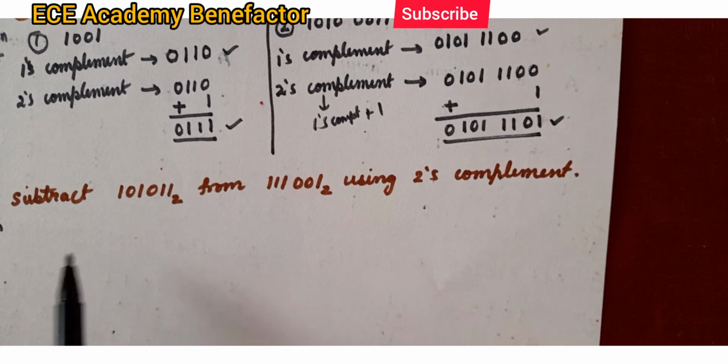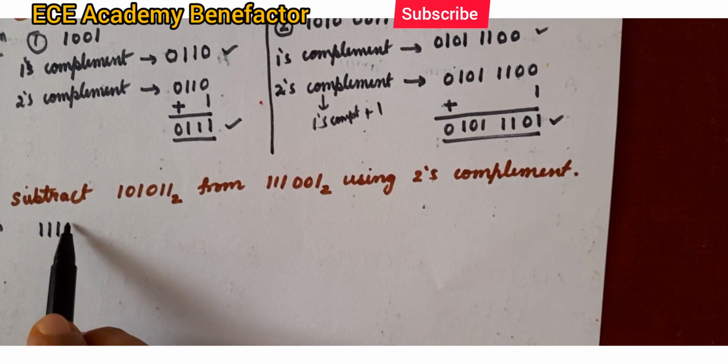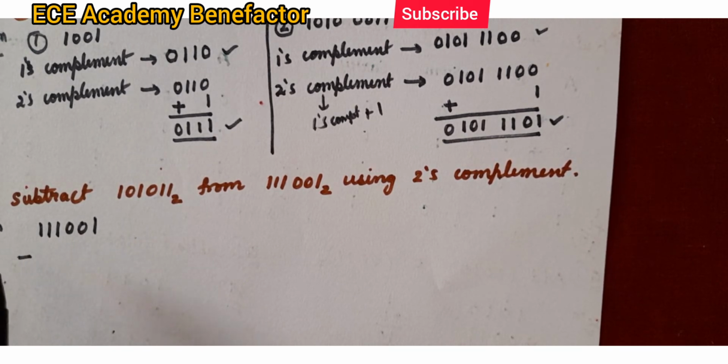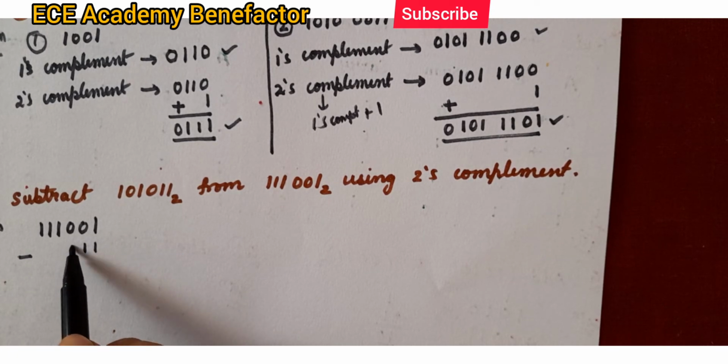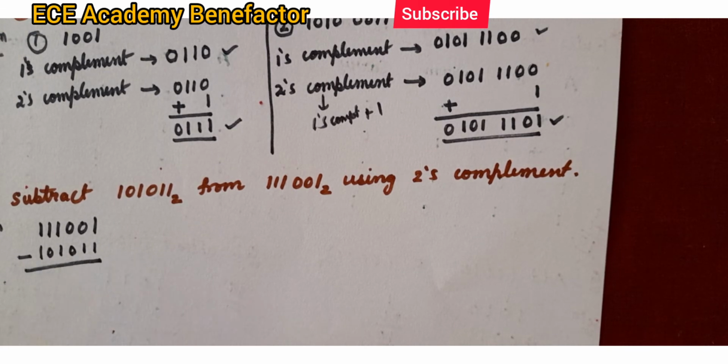Subtract this from here. So we have to write this number 111001 minus 101011. I have to subtract this number.